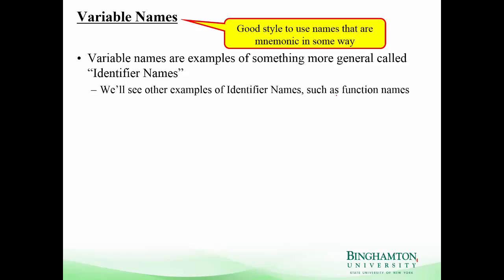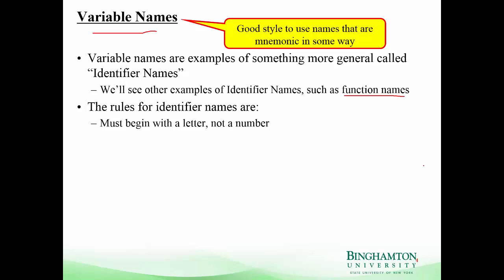So there's a more general concept in MATLAB called identifier names. Identifier names include variable names, which we're talking about here, as well as function names. Later we'll be talking about scripts and functions. So the rules that describe what we can do for variable names are more general and apply to function names and so forth.